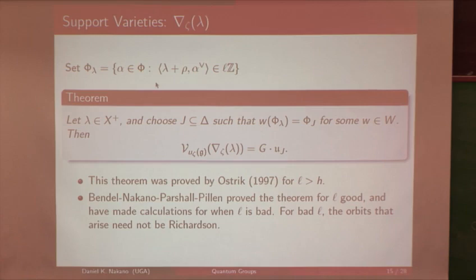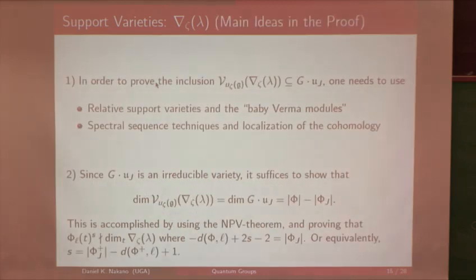Okay, so how do you prove a theorem like this? All right, so there are two things you have to do. So first of all, you have to prove this inclusion up here. All right, and the way you actually prove this inclusion, I'm not going to go over the details, but you need certain spectral sequence techniques. You need to think of the cohomology of the supports as being sort of localization at certain maximal ideals of the cohomology ring.